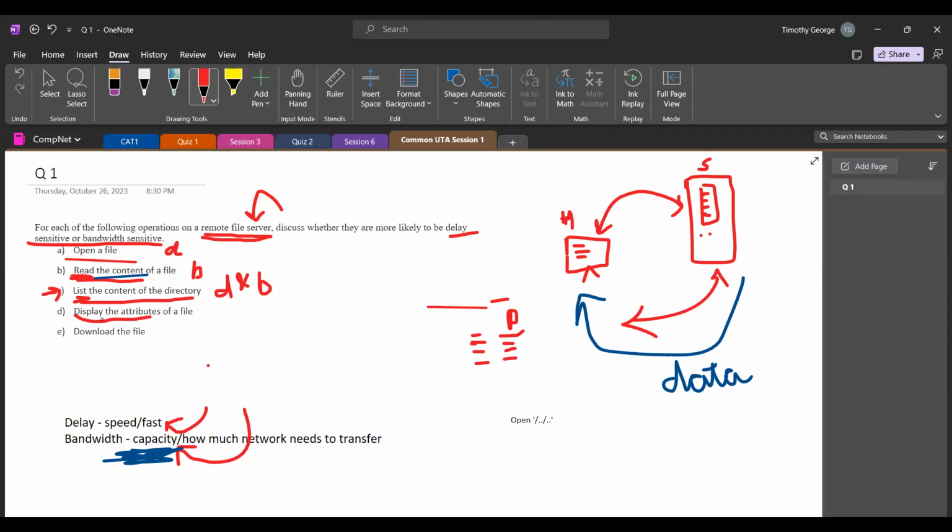So in a way, C and D are almost the same, because listing the contents and displaying the attributes are very correlated to each other. They resemble each other. And so this is also going to be, for the same reasons as C, delay and bandwidth.